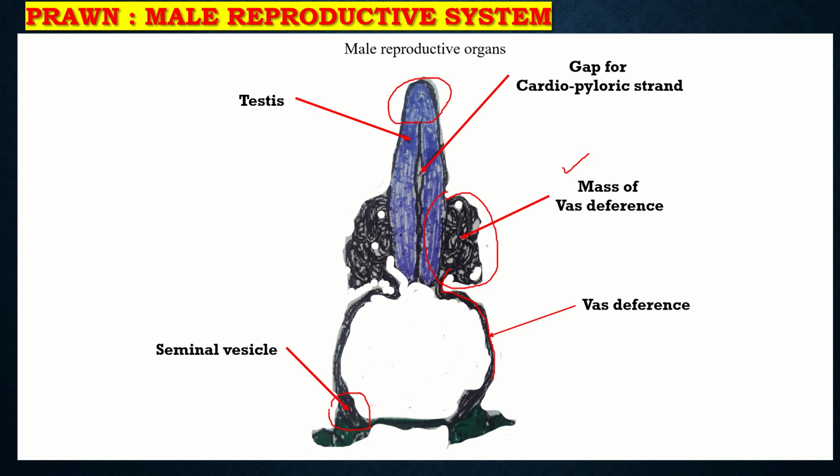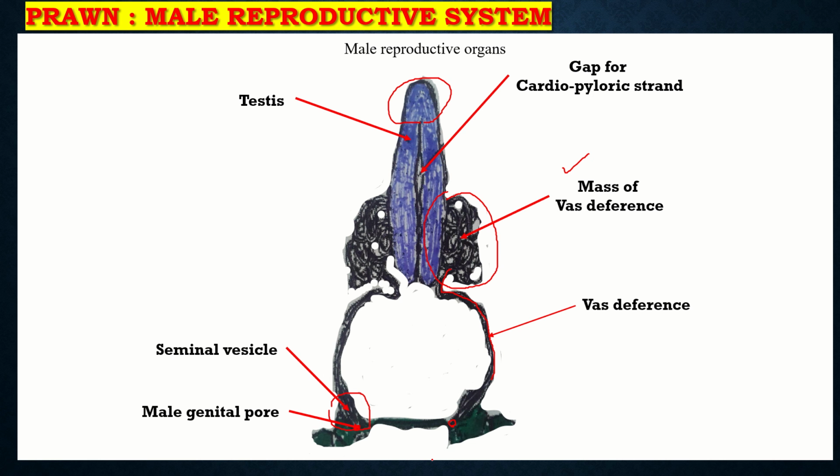This is the place where the spermatozoa are stored in the form of white compact bodies. The seminal vesicle then opens to the exterior by a pore called the male genital pore.